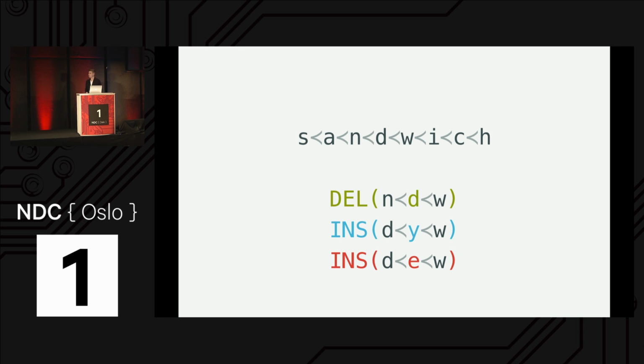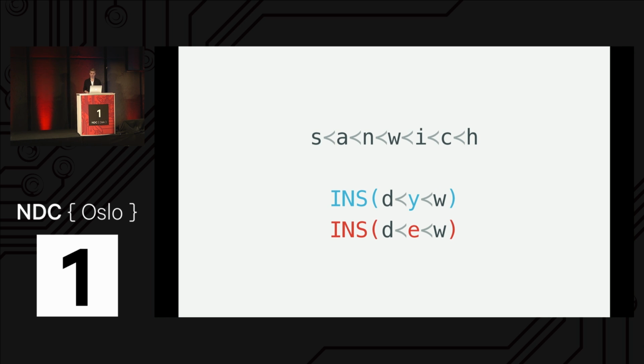It says, before you can apply this delete operation, check and make sure that there's a letter N somewhere to the left of me and that there's a letter W somewhere to the right of me. So to be able to apply this operation, these preconditions have to be fulfilled. Well, we do see the letter D and it's between the letters N and W. So we can easily apply Chris's operation, which deletes it.